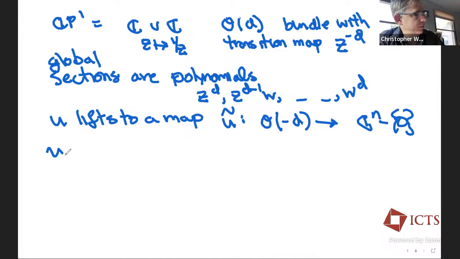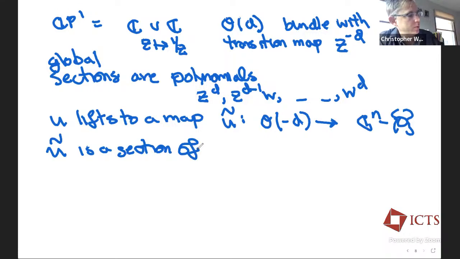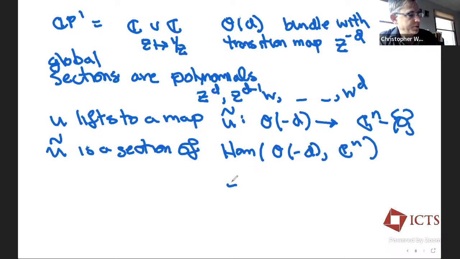And so I can think of U twiddle as a section from O of minus D to Cn, which is just n copies of the O of D after I dualize.